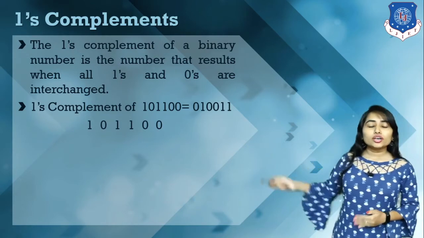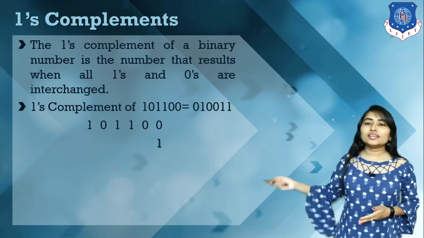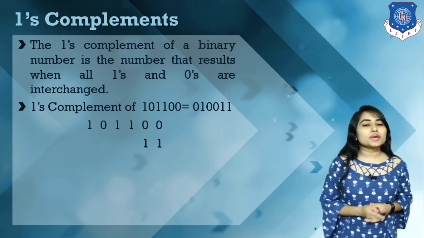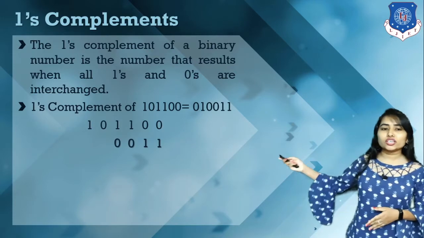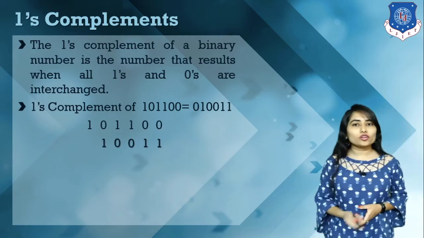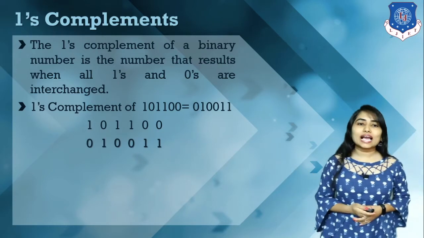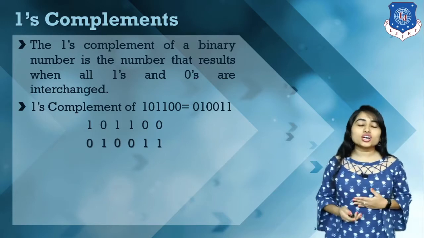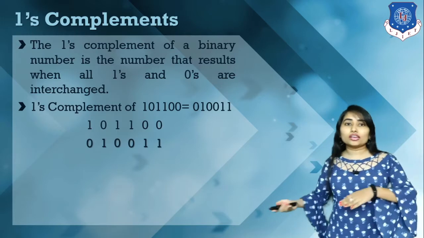So the first 0 is replaced by 1, again 0 replaced by 1, 1 interchanged with 0, 1 interchanged with 0, 0 interchanged with 1 and 1 interchanged with 0. This is how we calculate 1's complement, just by replacing all the zeros with 1 and all the ones with 0.